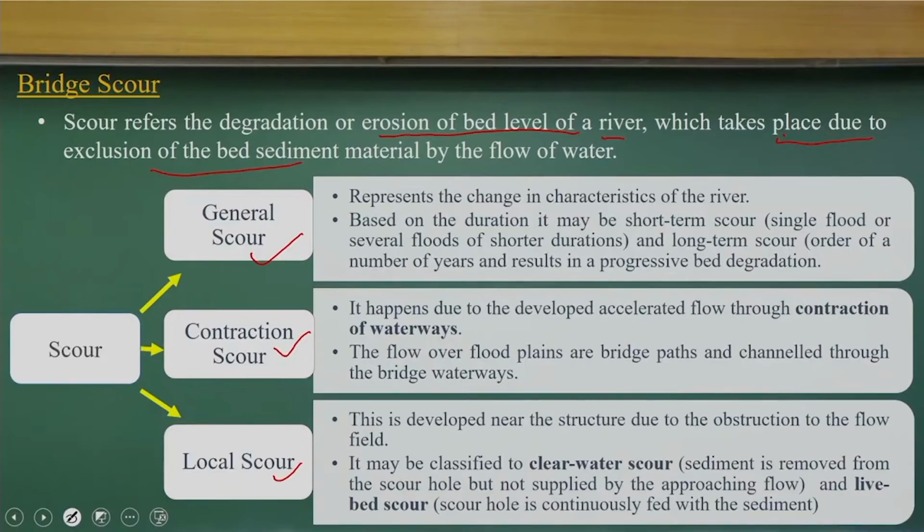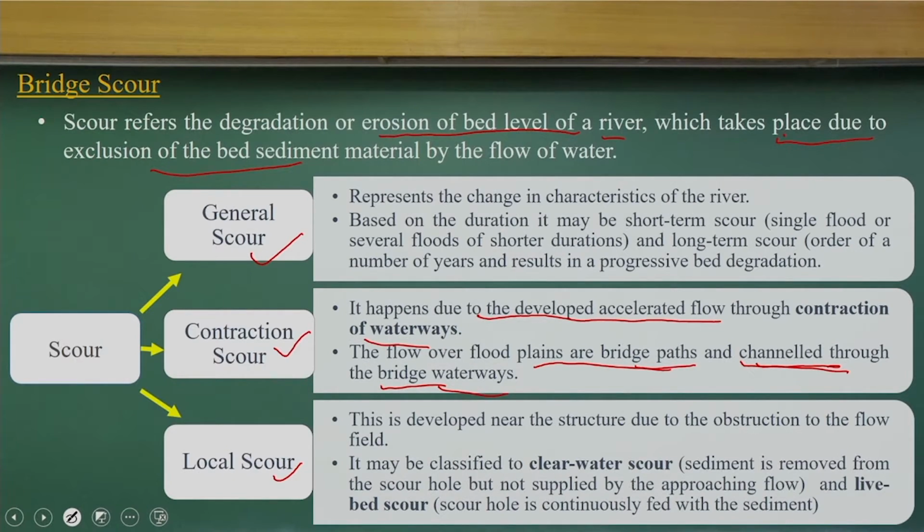Because of the contractions, there will be an accelerated zone. Because of the reduced width, the velocity is going to increase. The flow over the floodplain and the channel flow go through the bridge waterways. So you can see that we are contracting the channels.